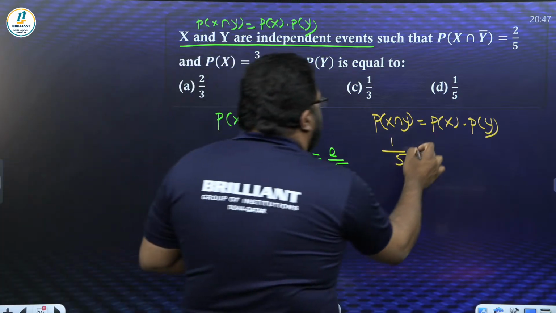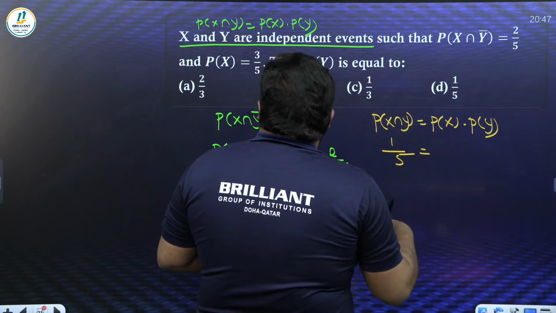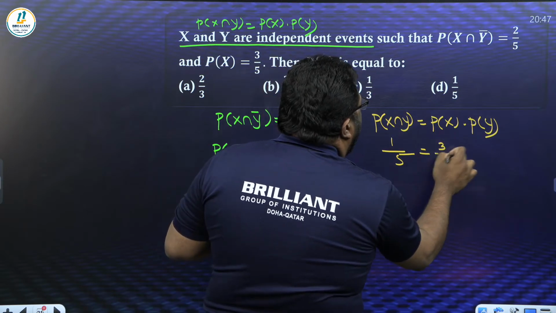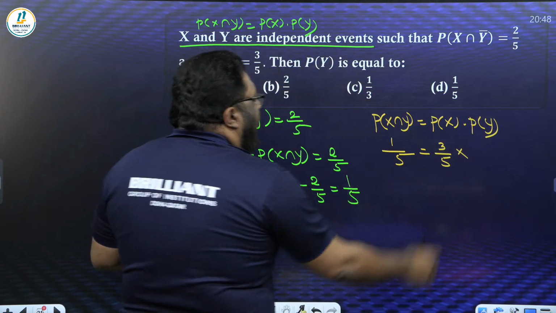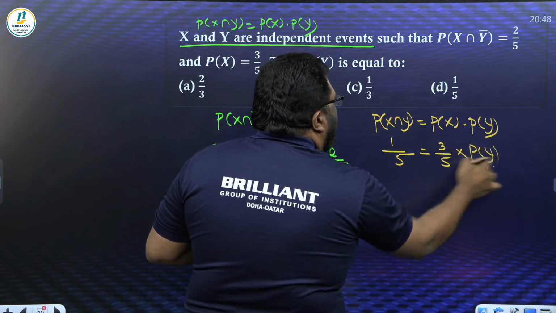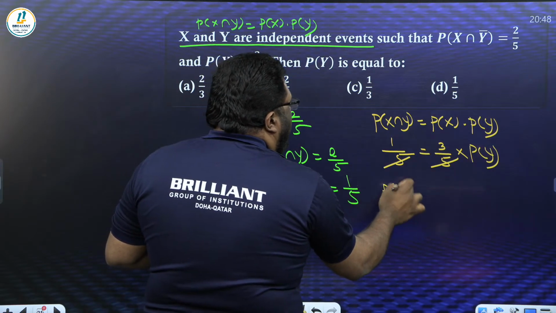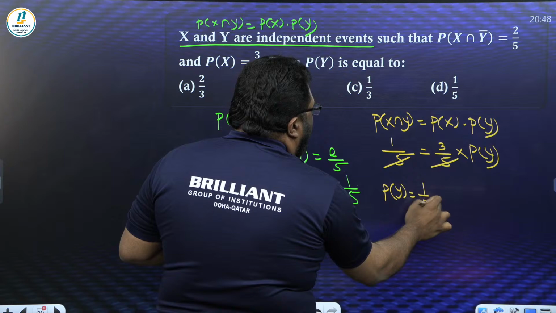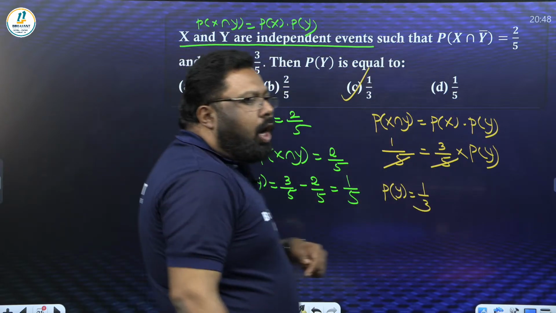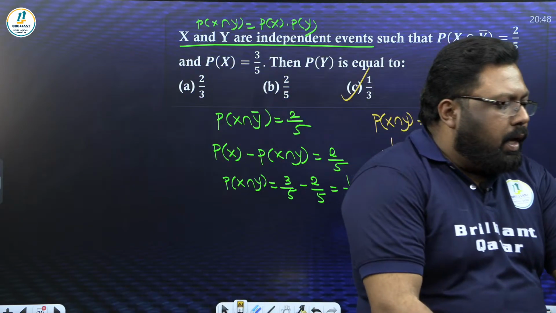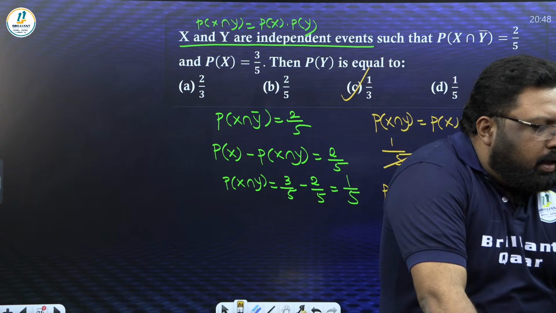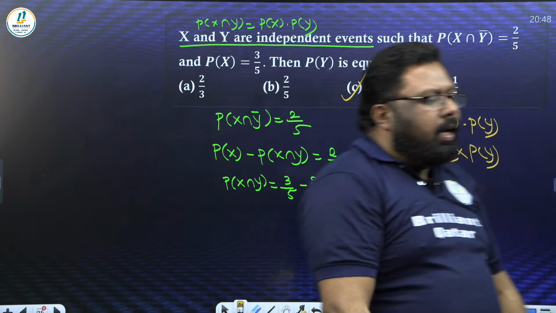P of X is 3 by 5, into P of Y, which I'm trying to find out. 5 cancels. So P of Y is equal to 1 by 3. Option C.